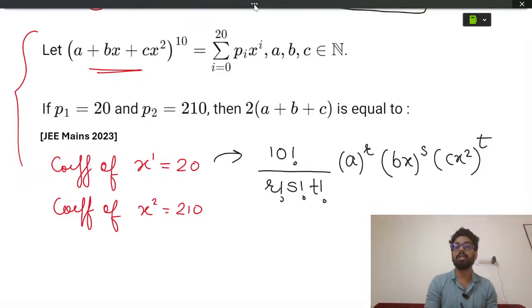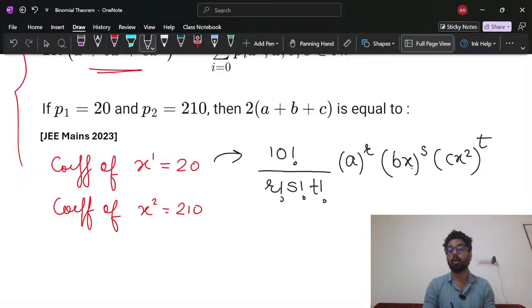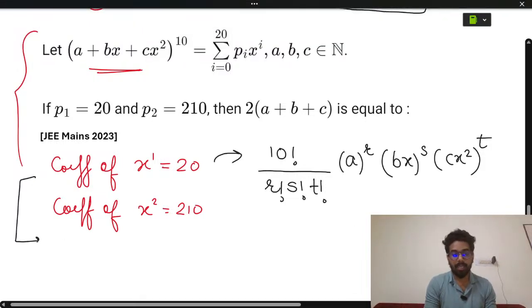Now the question is how you will create x equal to 1. If t is equal to 1, then this becomes x square, and r, s, t have to be non-negative because they are in the factorial. So t cannot be 1 for sure, so t has to be 0.